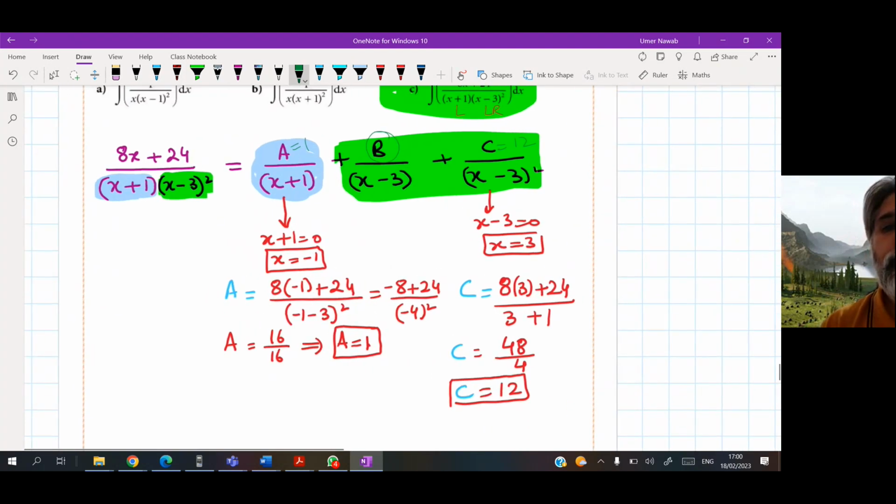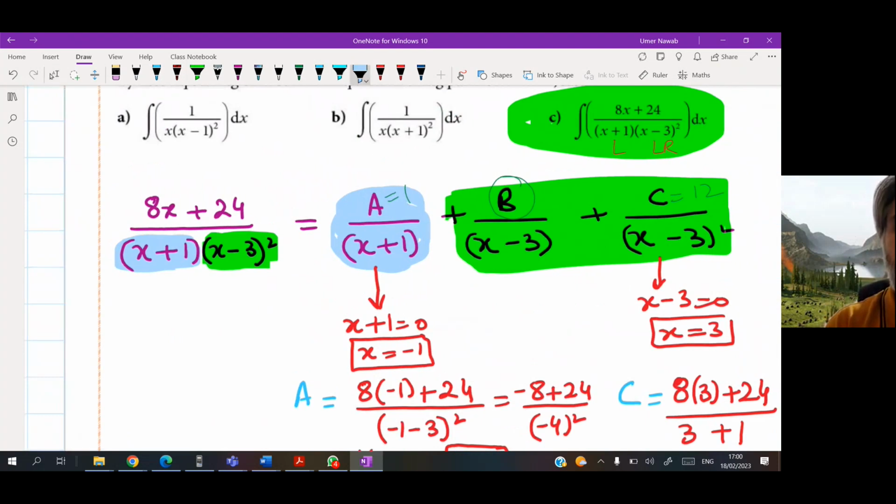To do this, I have to multiply here, here, and here, and this is the rule. Which thing will I multiply? I will multiply x plus 1, x minus 3 whole squared.